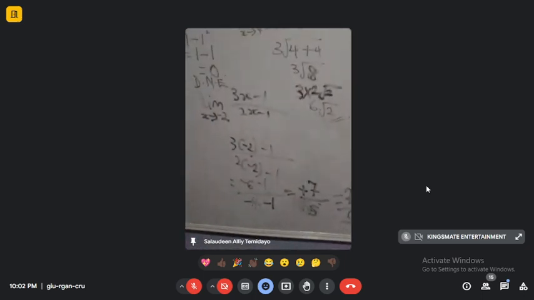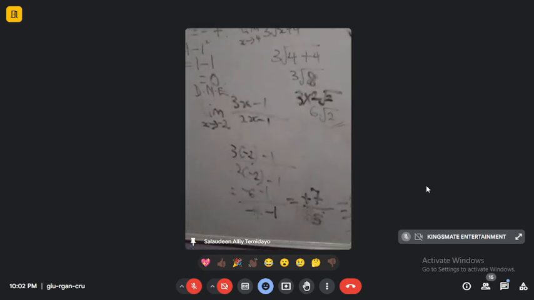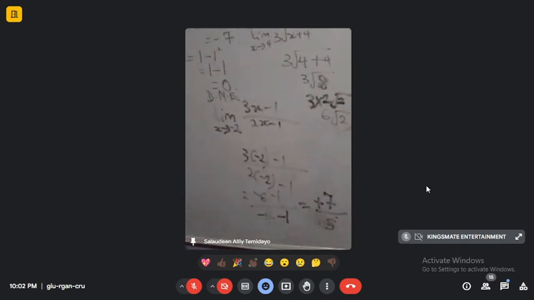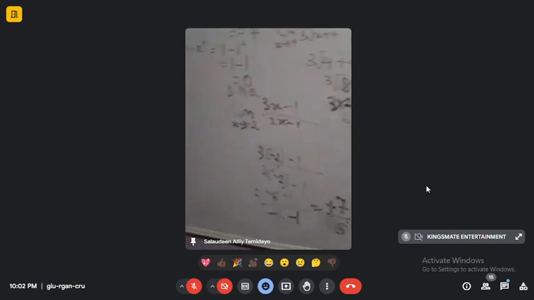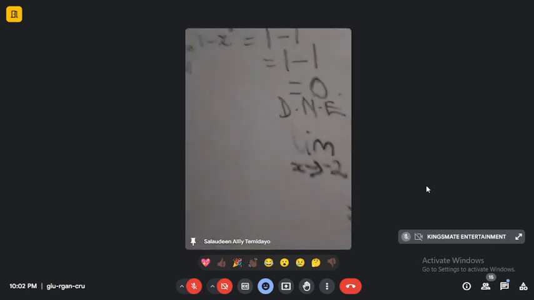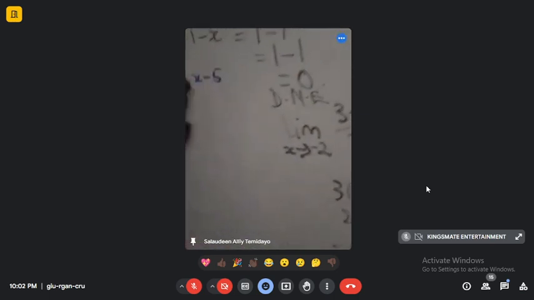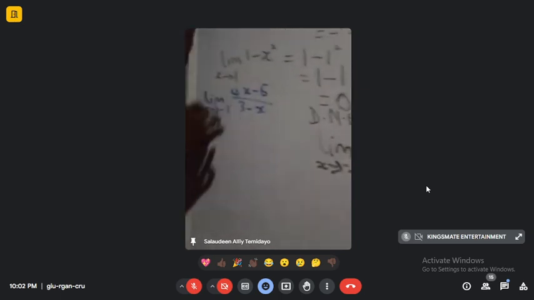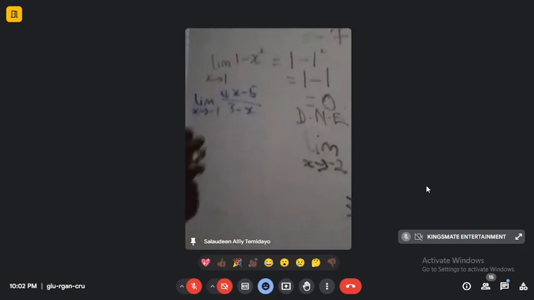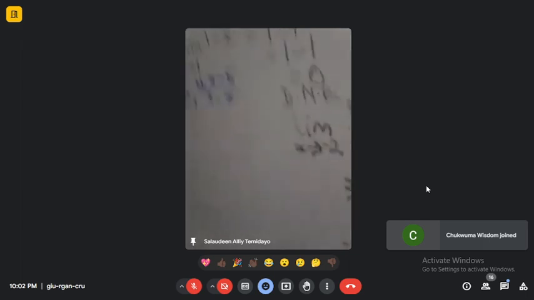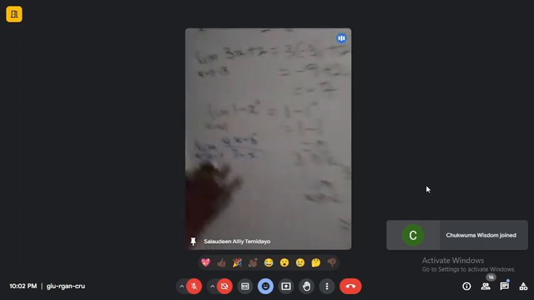Limit of 4x minus 5 over 3 minus x as x approaches minus 1. Now I've written it down.